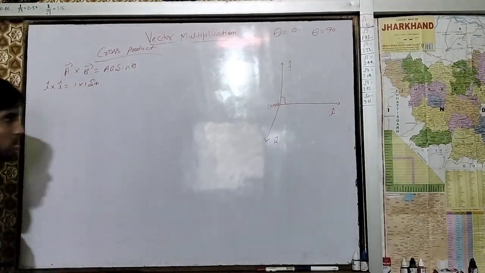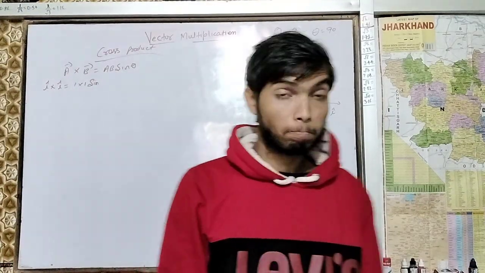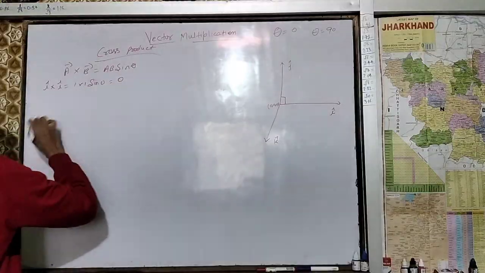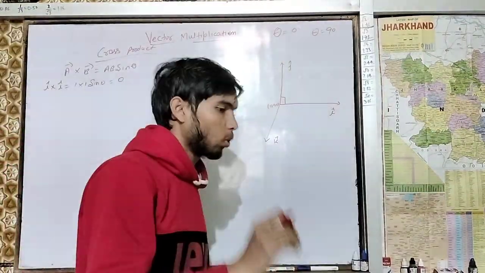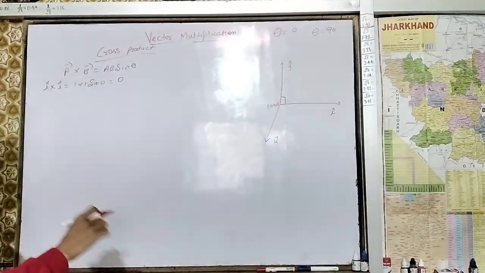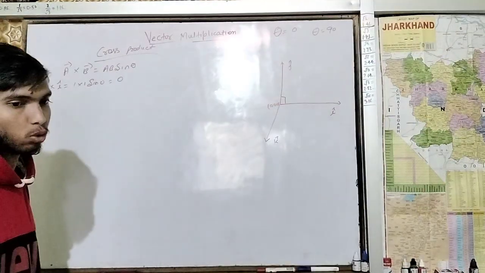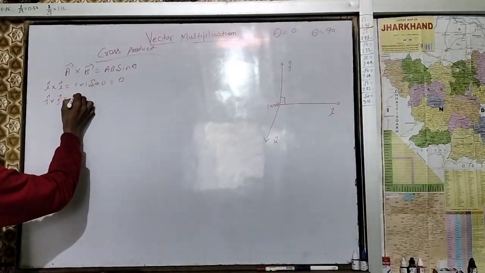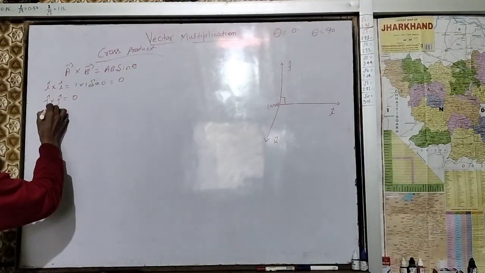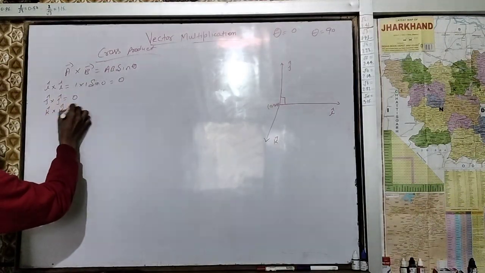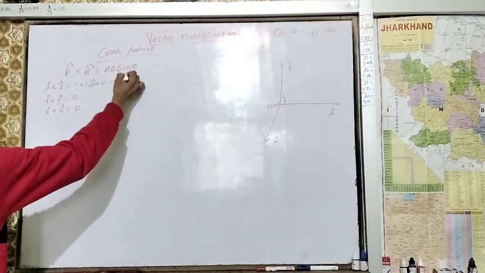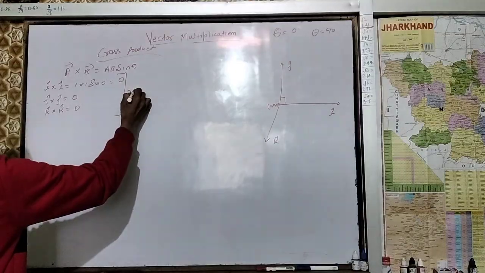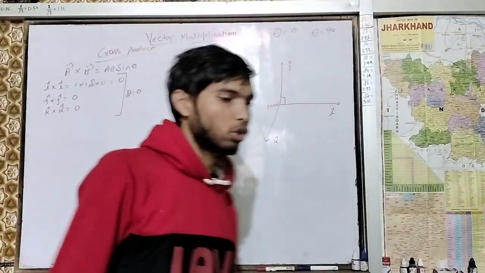Sine how much? 0. So this is going to be 0. It will happen with all other axes, but the condition is that the two axes should be the same. j cap cross j cap, result would be 0. k cap cross k cap, result would be 0. All these three will happen when theta is 0 degree.